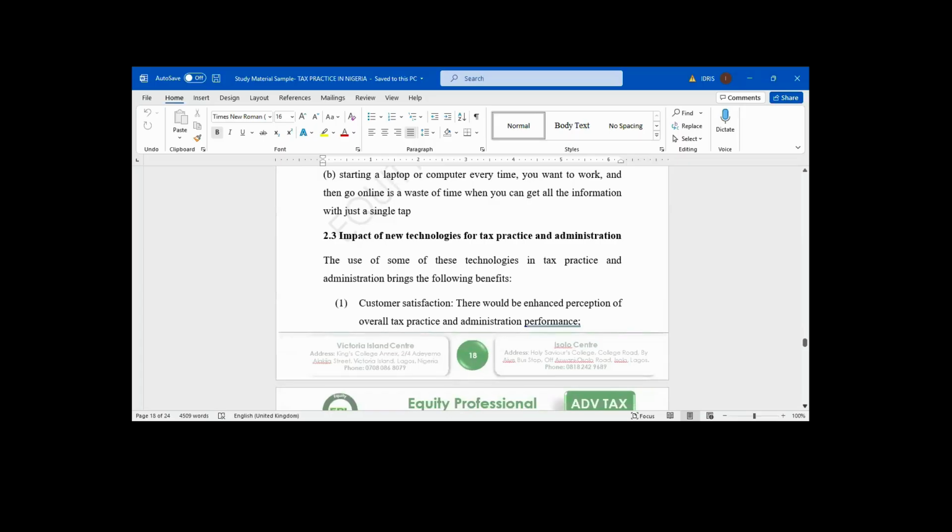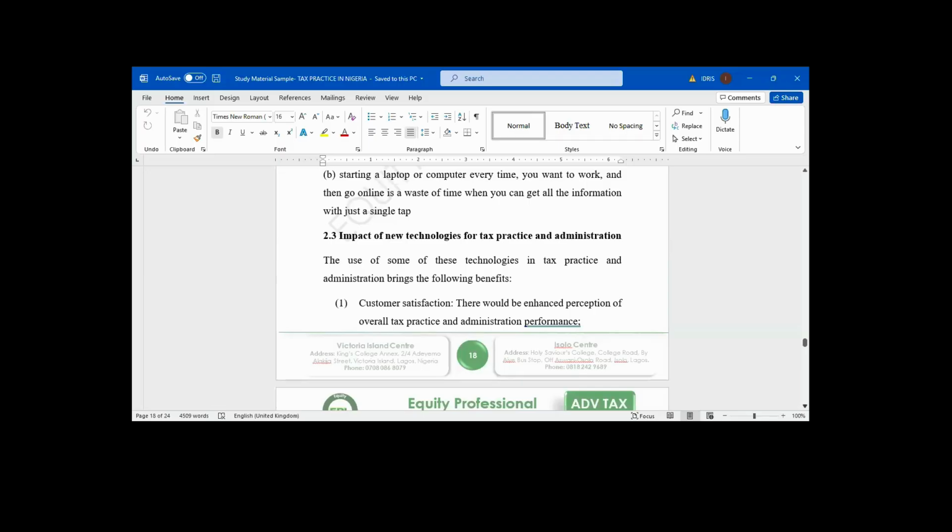Introducing Tax Promax helps the tax authority to serve taxpayers. It makes the job of the tax authority easy. It helps the taxpayer to go through less stress. It reduces the stress of the taxpayer. Taxpayers don't need to go to the tax authority office again when they want to file a tax return.